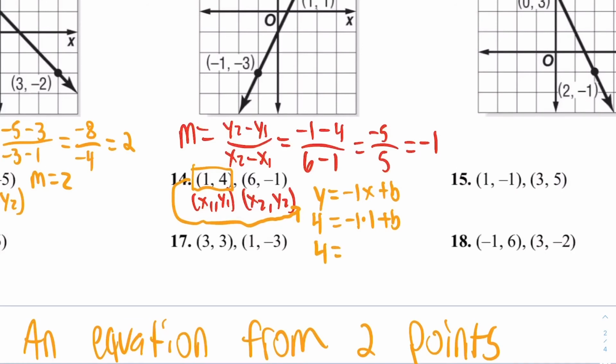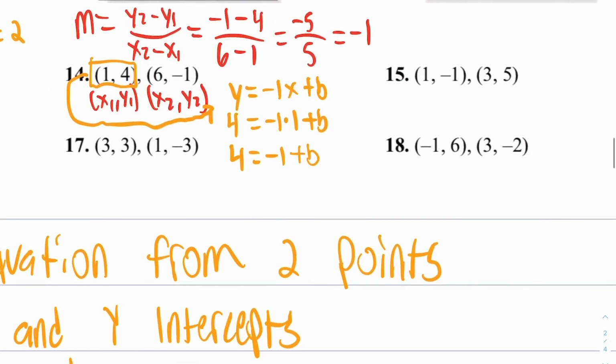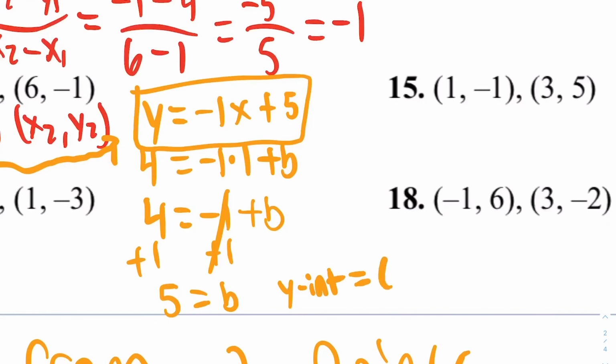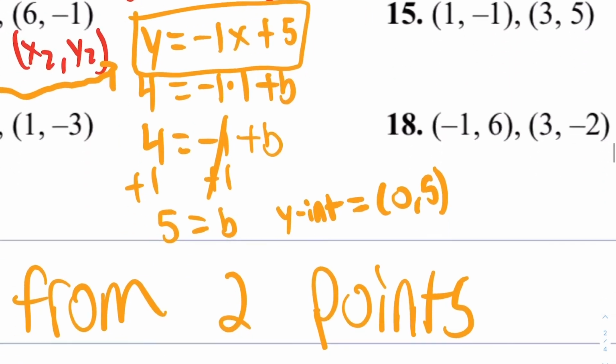That simplifies to make 4 equals -1 plus b, which means that if we add 1 to both sides, 5 is equal to b, which means that our original equation can be changed right here by simply taking out b and putting the number 5. The y-intercept is 0, 5.